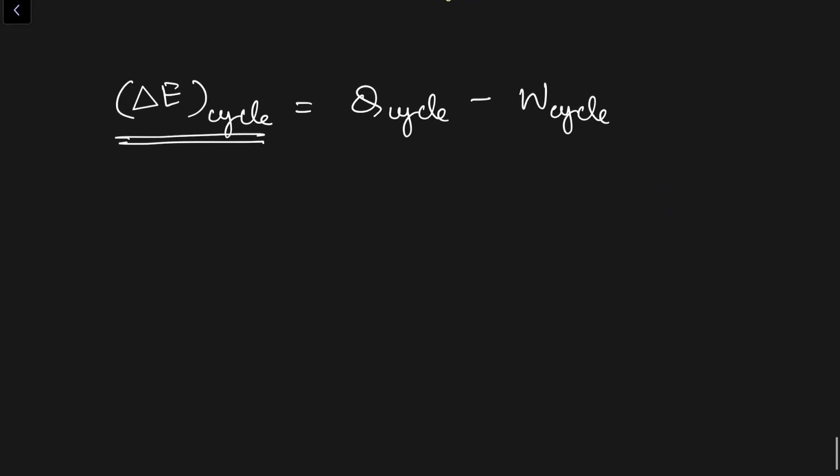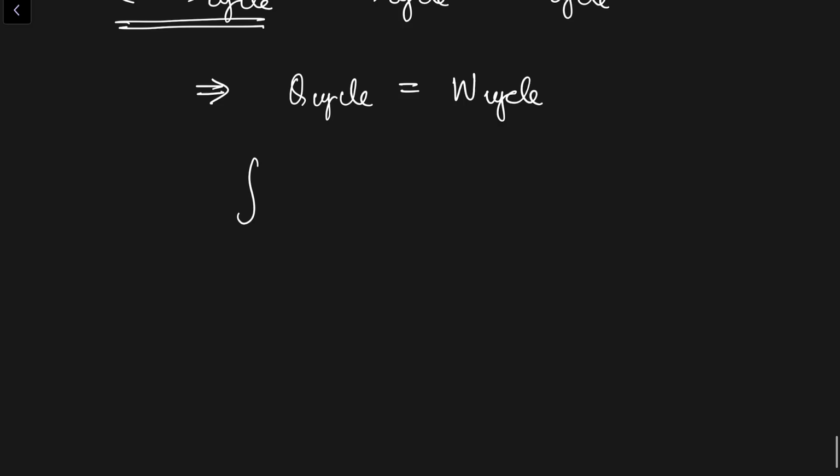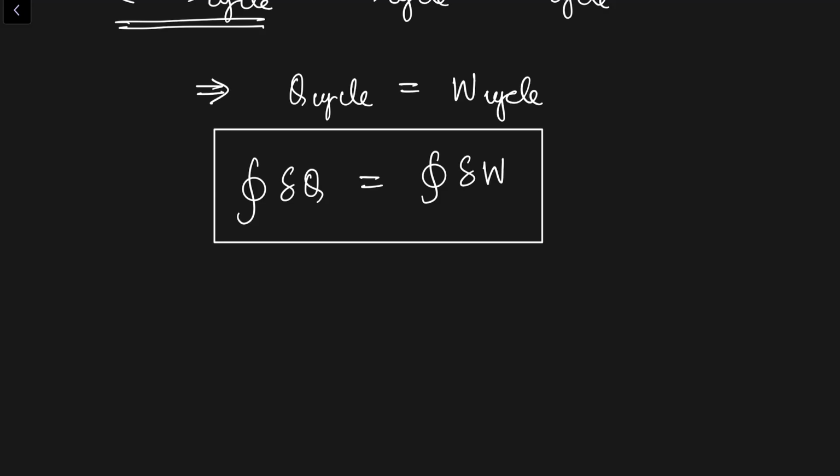So we can say from here that for a cyclic process, Q cycle is equal to W cycle. Or we can also say that the cyclic integral of heat is equal to the cyclic integral of work. So this is the first law of thermodynamics for cyclic processes.